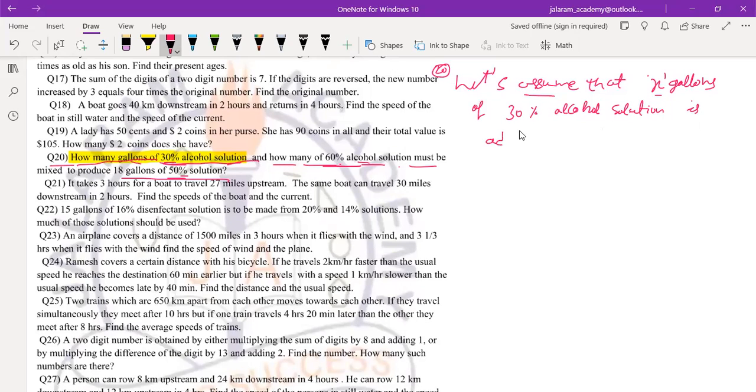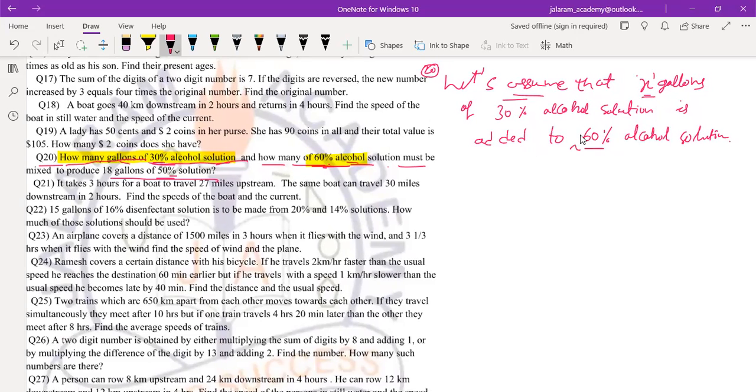is added to the second solution, which is 60% alcohol solution. From the first bucket we have taken X gallons, and from the second we have taken Y gallons.